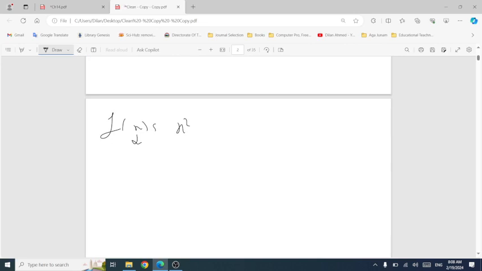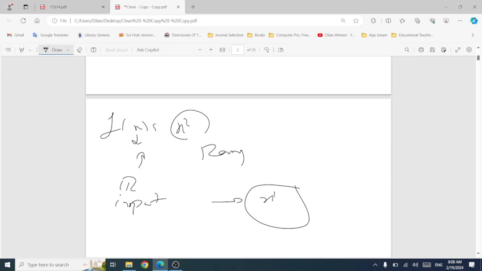For example, we can give all real numbers here. When we say range, we mean the output. The input is the x-axis, the domain, the independent variable, and the output is the range, the y-axis, the dependent variable.